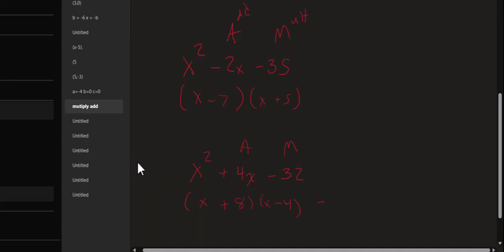And then if you're trying to find intercepts, you set these equal to 0, x plus 8 equals 0, x minus 4 equals 0, x equals negative 8, x equals 4.